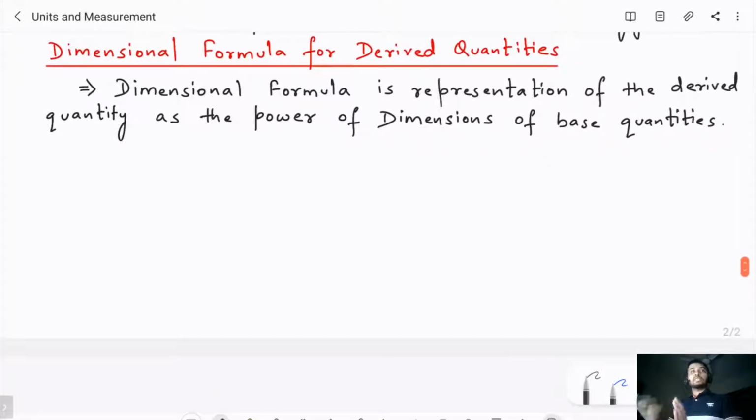For whichever derived quantity you need to write the dimensional formula, try to write that particular derived quantity in terms of the base quantities or the fundamental quantities.